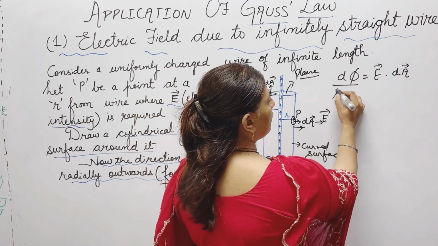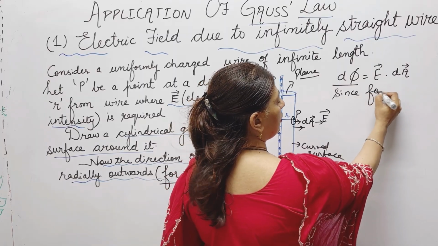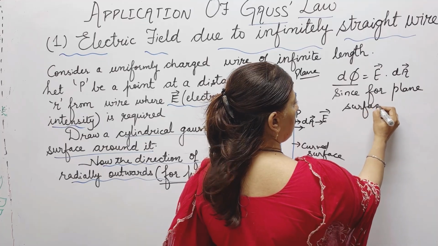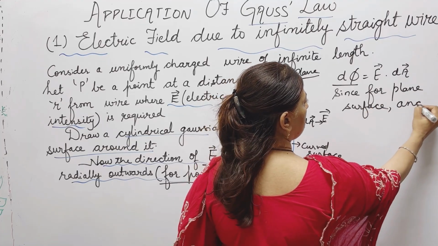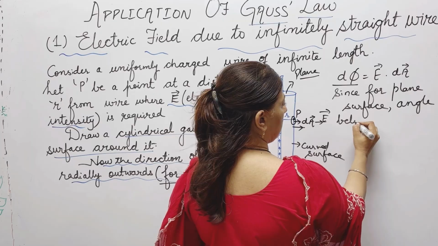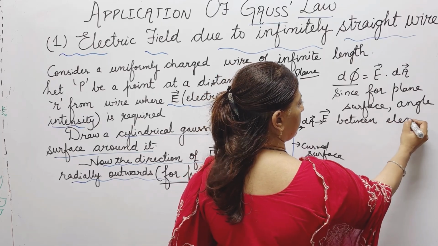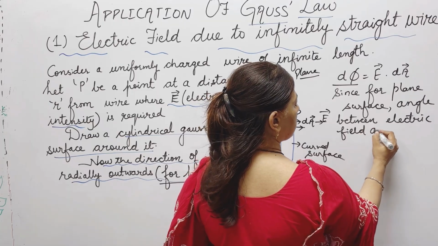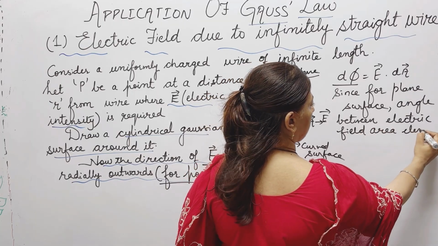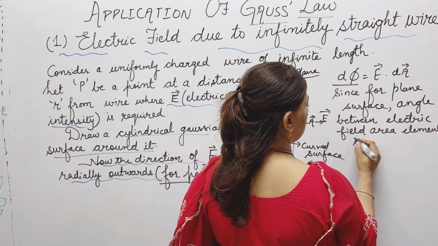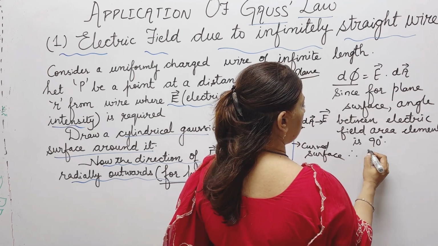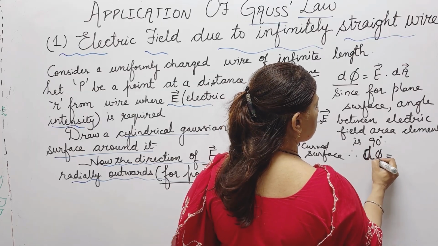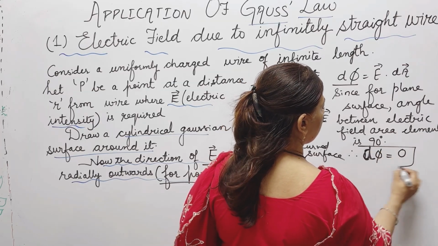Since for a plane surface the angle between the electric field and the area element is 90 degrees, this flux comes out to be 0.